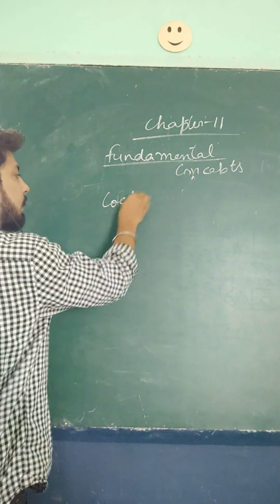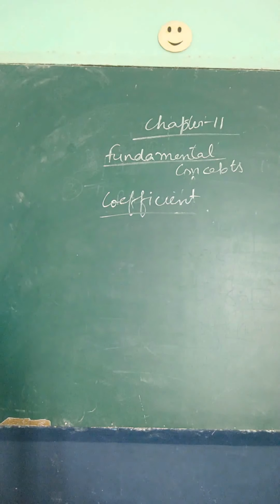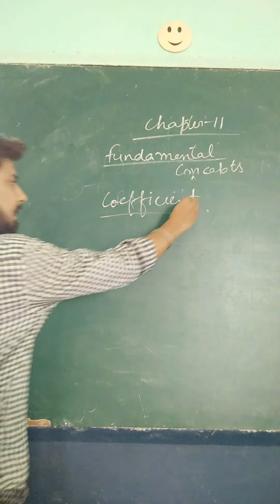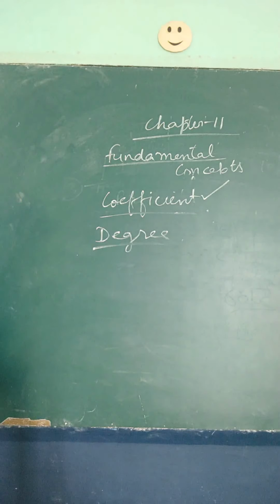Coefficient is done now. The degree of the monomial is the highest power of any variable.